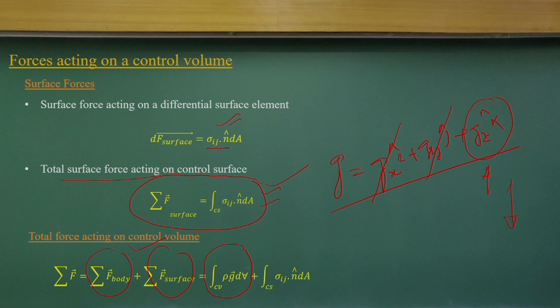But if you are solving problems where you do not know the directions of the g vector, which could be gx, gy, gz, then you need to do this volume integral to solve the problems, and this surface integral over the control surface to get the force acting on the surface. Then we will go for simplification of these.